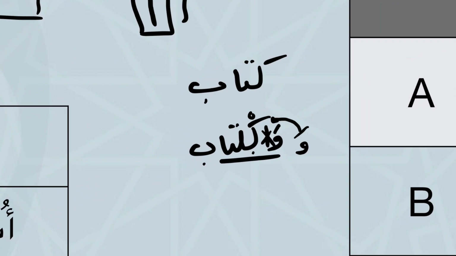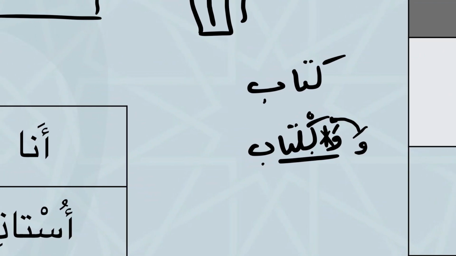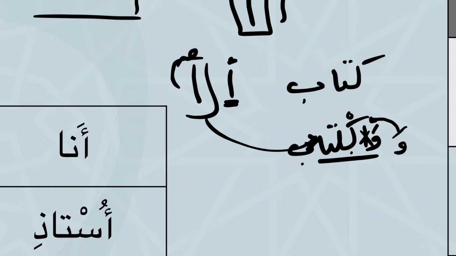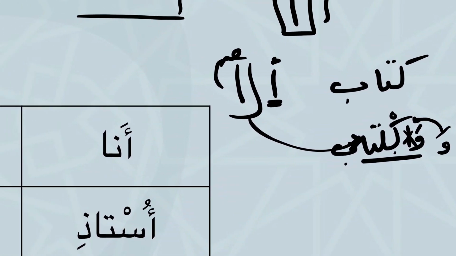So a difference between the alif hamza, if I see an alif like this and I see an alif like this, if you see this one in the beginning of words, it's usually hamza wasl. This hamza wasl gets omitted when it's preceded by something. But if you see this alif hamza, it's pronounced whether it's preceded by something or not.